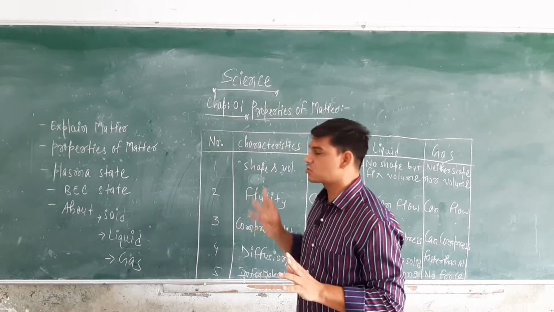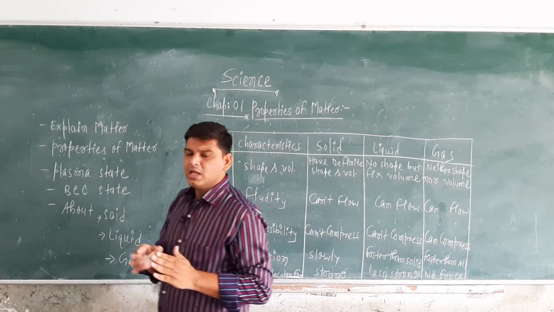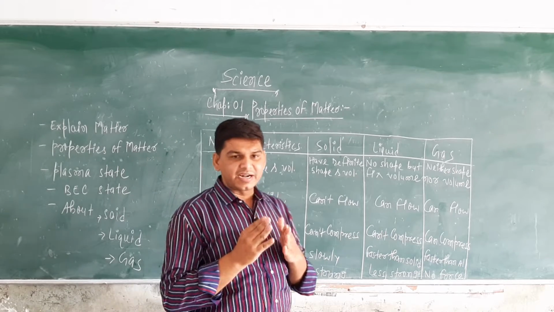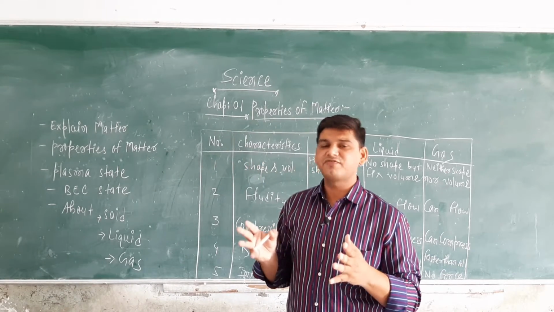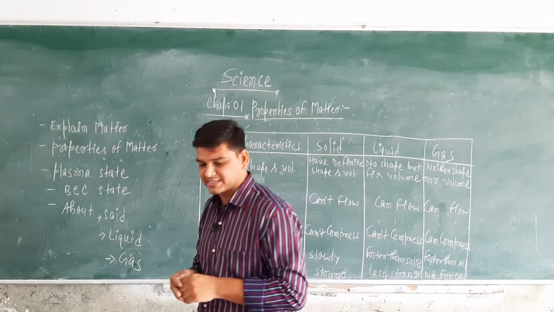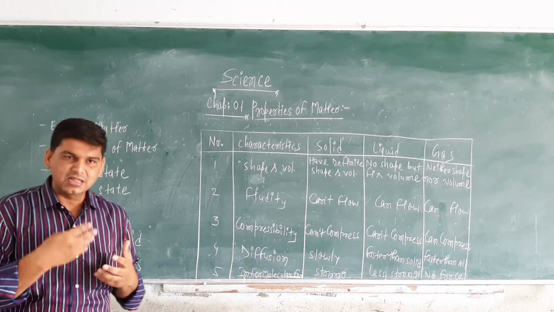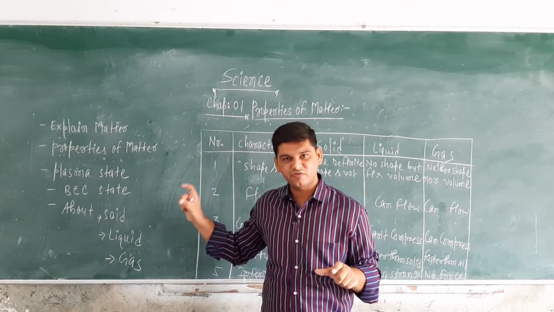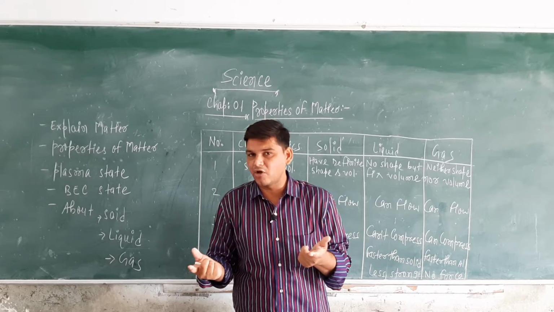Once again I repeat what is called the plasma state. Plasma is one of the 5 states of matter, generally containing super hot and super excited gases. It is similar to gas, but it is super hot and excited gas where the particles are ionized. In the plasma state, the particles of matter get ionized. How are they ionized?